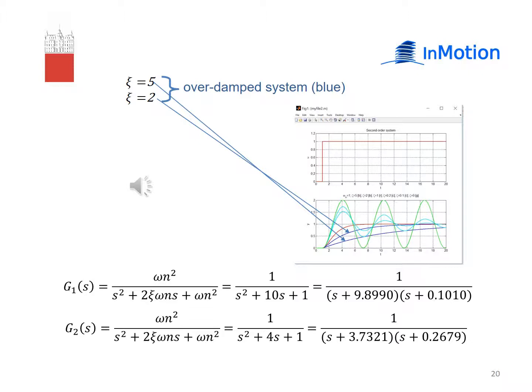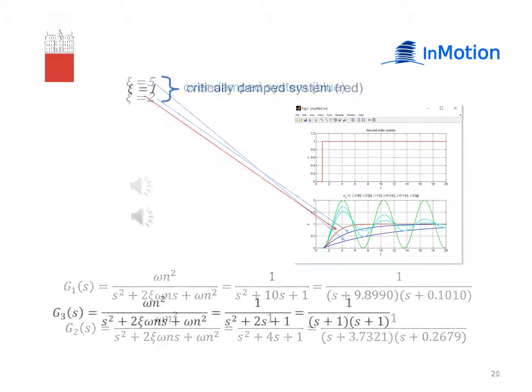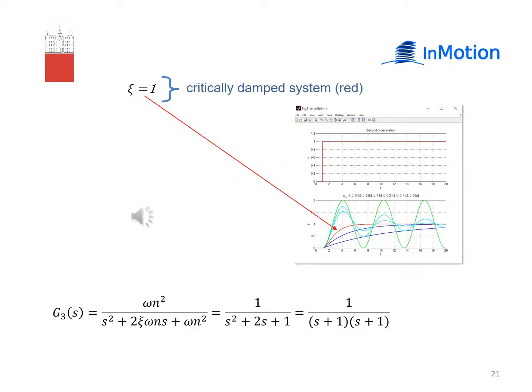The system has in all such situations two different real poles. If zeta is equal to 1, the poles are still real, but are equal. The system response is faster, but with no overshoot.